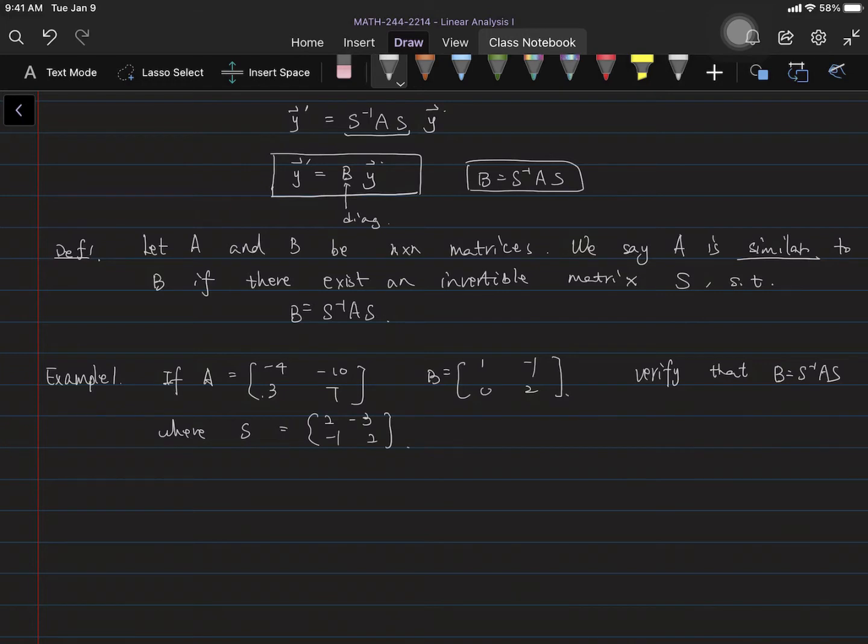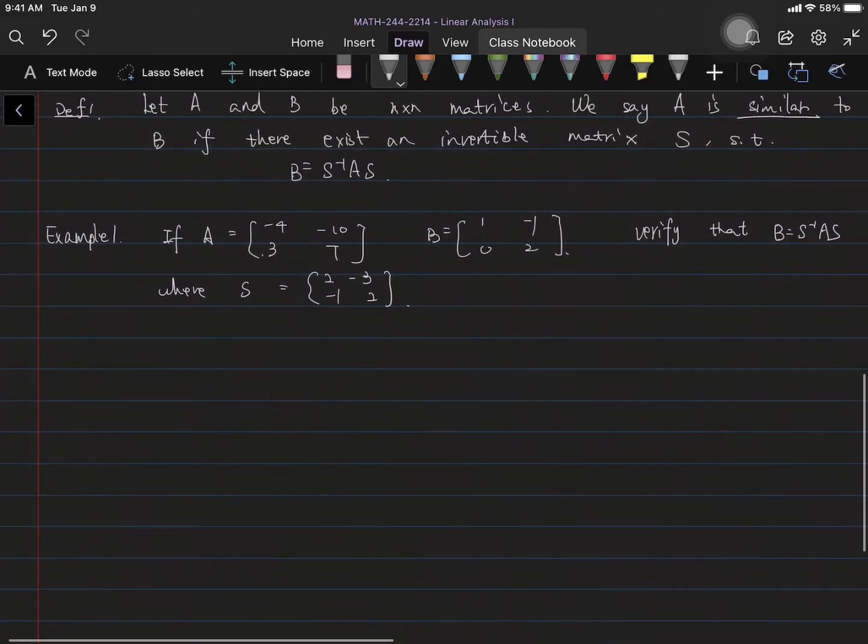Okay, we want to verify this. Because B and S are given, firstly we need to find the S inverse.